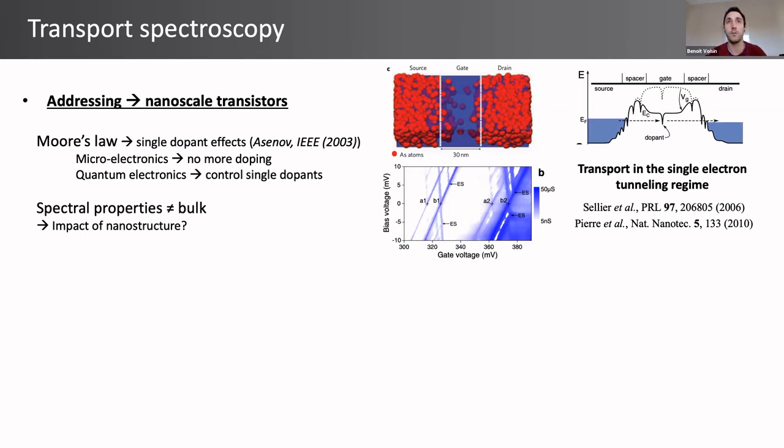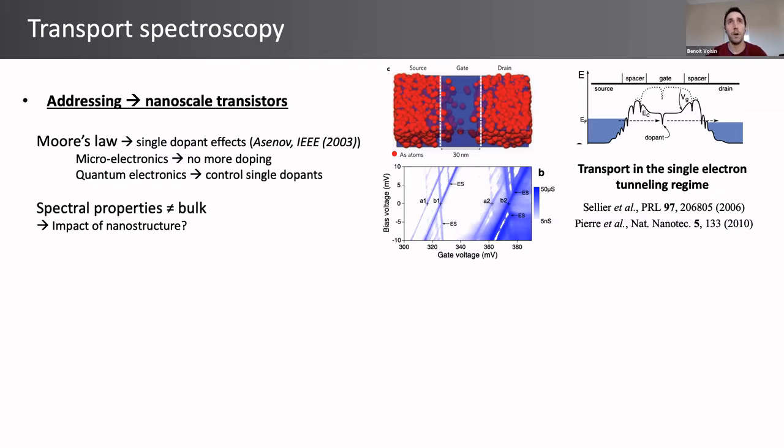experiment that showed how we can address these single dopants in transistors was to evidence single electron transport through a single dopant, from the source of the transistor here to the single dopant and then to the drain of the transistor. You can control the chemical potential of the dopant using the gate voltage of the transistor.